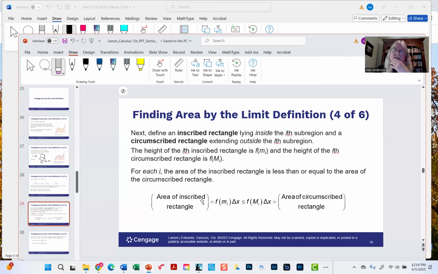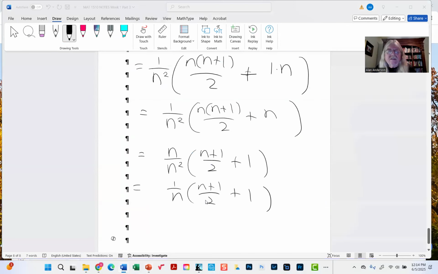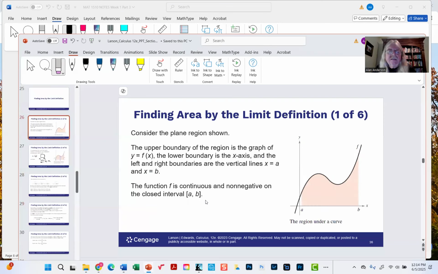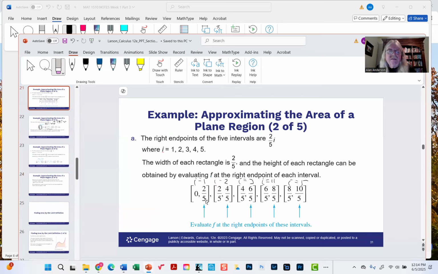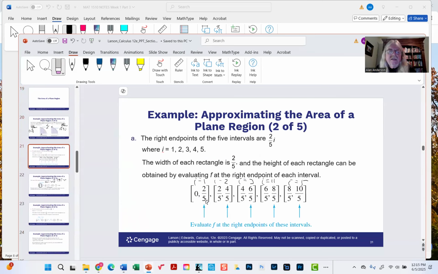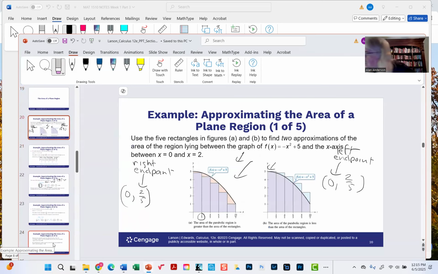Oh, okay. So this is what they're telling us. The case on the left of this diagram, these are said to be inscribed, and these are defined to be circumscribed.